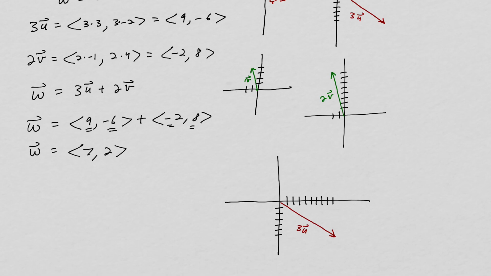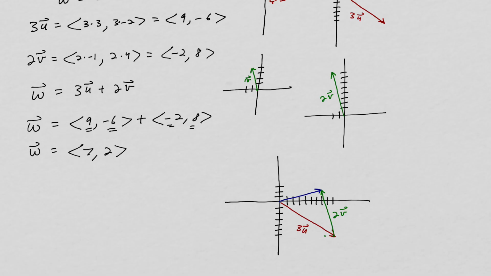So to add 2v, I need to start my vector at the tip of 3u, and I need to go back 2, right? So I'm going to start here, I'm going to go to left 2 and then up 8. And that will take me to this point right here. So it'll be something like this. So this is adding 2v. So it's, again, it's tip to tail, right? So I start with 3u, I add 2v, and my result is this vector right here.